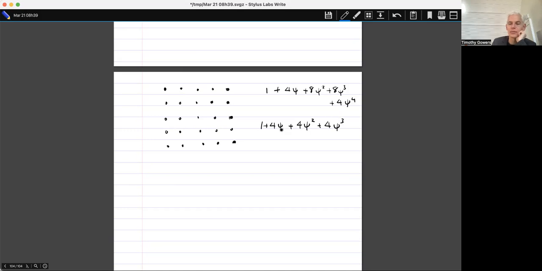Now the 4 psi squared plus 4 psi cubed equals 4 psi. So that's 1 plus 8 psi. That's how big the invariant is. And I want to argue that I can't. That's how big it is to start with. So I need to subtract a total of 8 psi. And I want to argue that that's going to be very difficult to do.